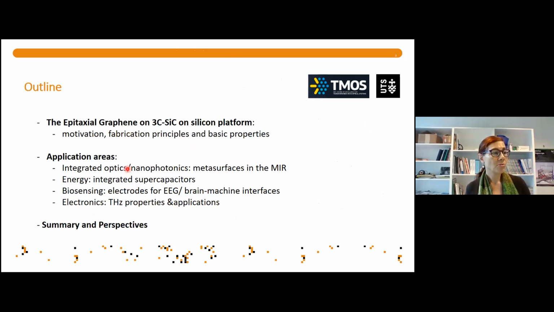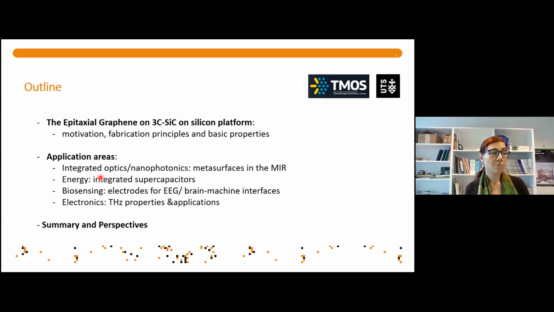After that, I would really like to dedicate some of this time to a few application areas. The application areas that we are focusing on at the moment are more or less these four. Integrated optics, nanophotonics, like metasurfaces in mid-infrared, I will talk to you about that for sure.